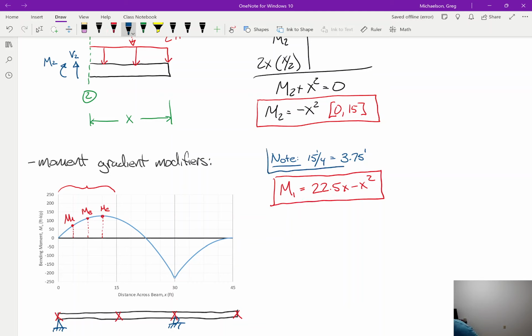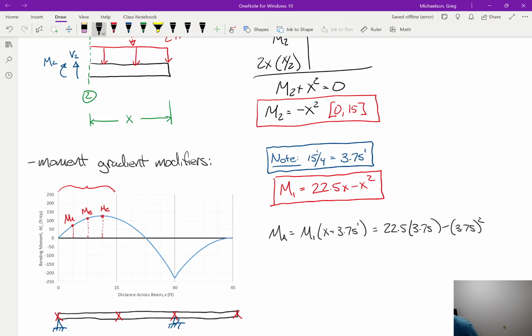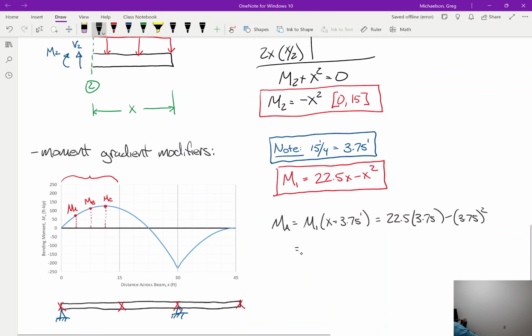If we want to calculate MA, it's just M1 at x equals 3.75 feet, or 22.5 times 3.75 minus 3.75 squared, which equals 70.31. And that lines up with what I'm seeing here on this plot.